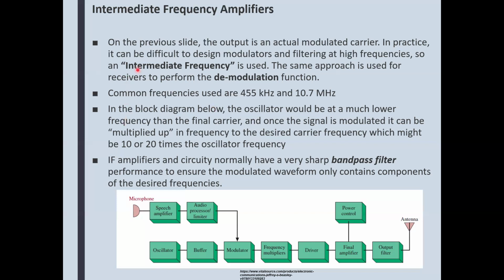Well, we're getting to the intermediate frequency thing here. I wonder if it's explained here. The same approach is used for receivers. Okay, so intermediate frequency. The most common intermediate frequency is about 455 kilohertz, and there's also 10.7 megahertz.